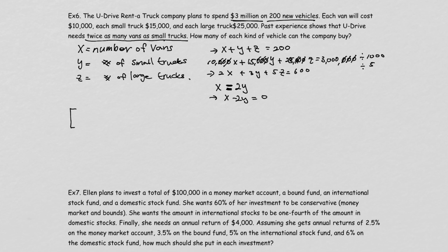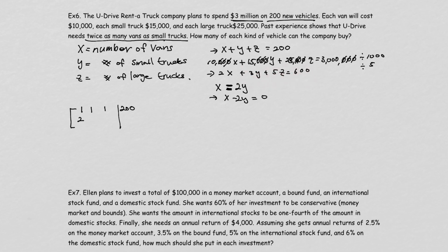So the first equation right here, I have x is 1, y is 1, z is 1, and solution 200. So that's what I'm going to write in the first row: 1, 1, 1, solution 200. And then the second equation, we have 2, 3, 5, and 600, right?